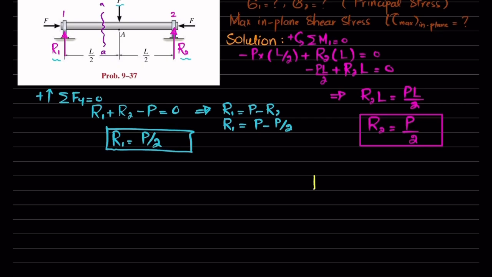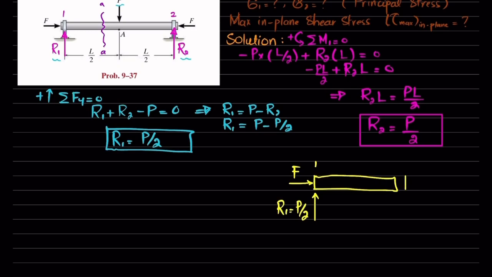This is the beam. Clear? So this is point F. This is point 1 where the F load is applied horizontally. Here we have R1, which is equal to P divided by 2. I will also write R1 is equal to P divided by 2.